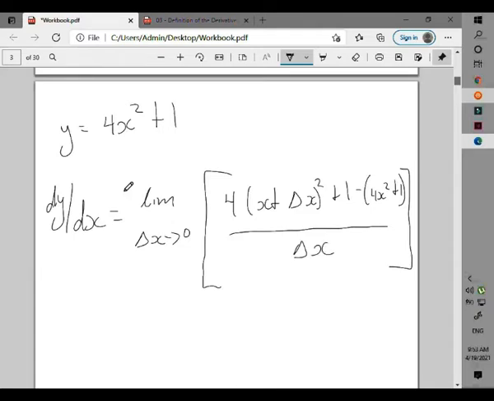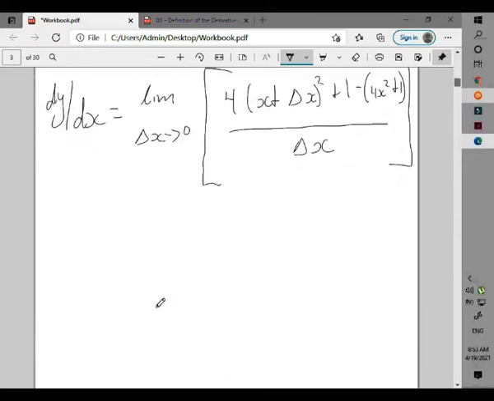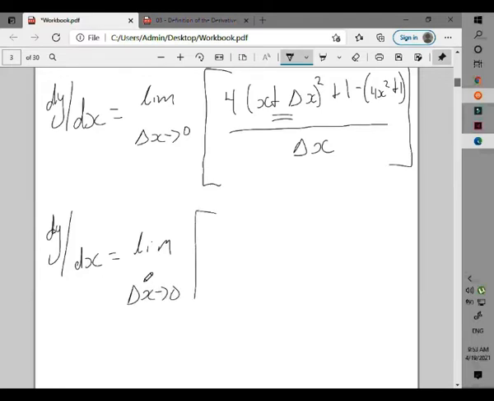Alright, so I'll actually write this line out so you'll see exactly what happens when you expand this bracket. So this is the limit as delta x approaches 0. So you're going to write your 4 in bracket.